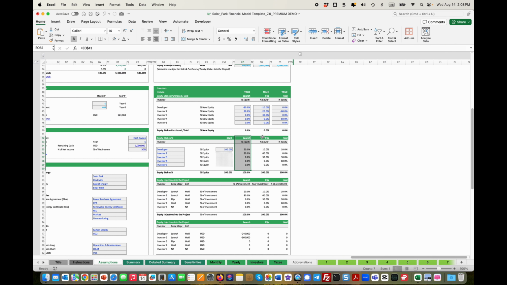Once the project is planned, permits are in place, the PPA is in place, the project has less risks, then it's a time to bring in new investors. The developer might partially take some cash out, and then the park gets built, and then here might be another step needed where new investors come in, and the previous investors will partly exit, and then the new investors will buy and hold forever.